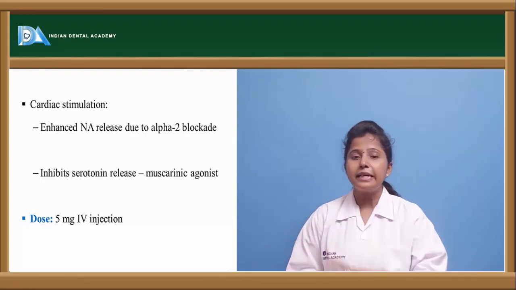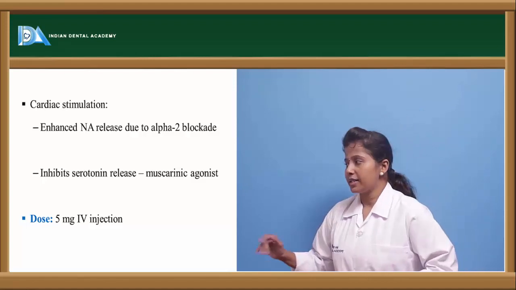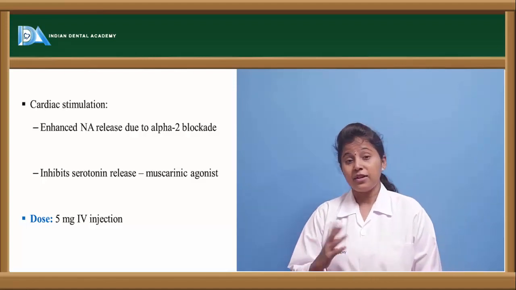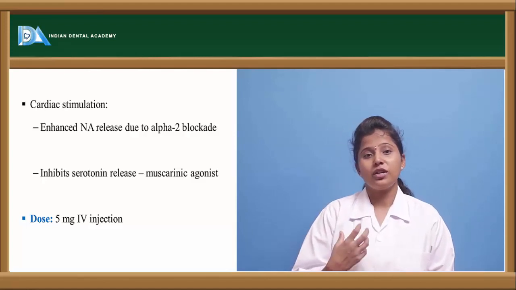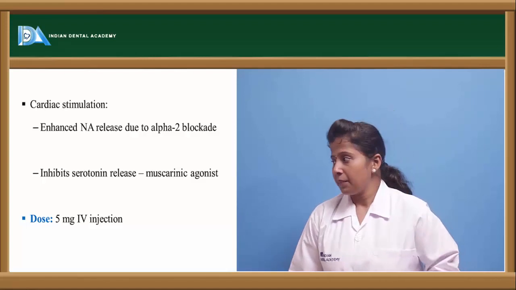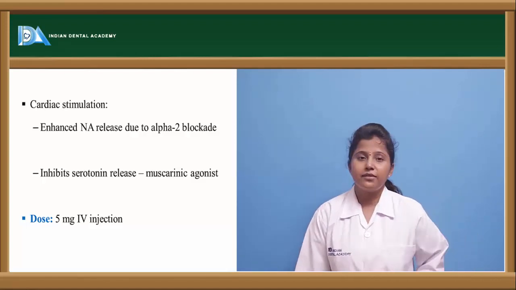Here phentolamine blocks the serotonin receptors or 5-HT receptors, and it also shows a muscarinic agonist effect, or else we can say it improves the parasympathetic nervous system activity. And the phentolamine dose is about 5 mg, which is given through the IV route.